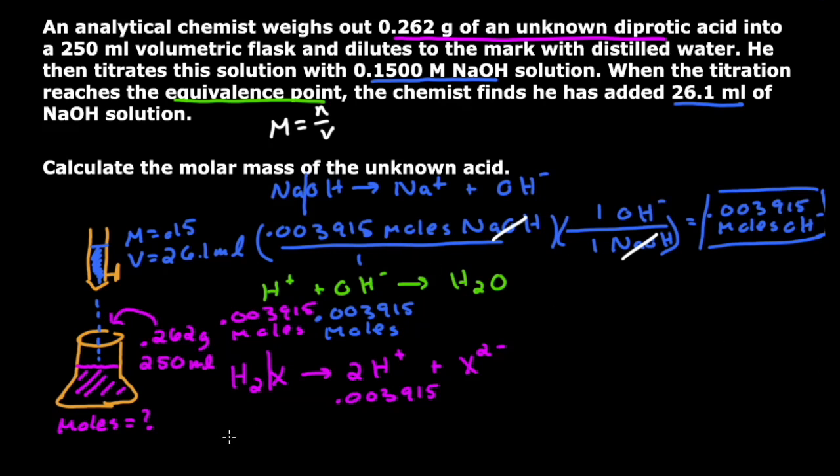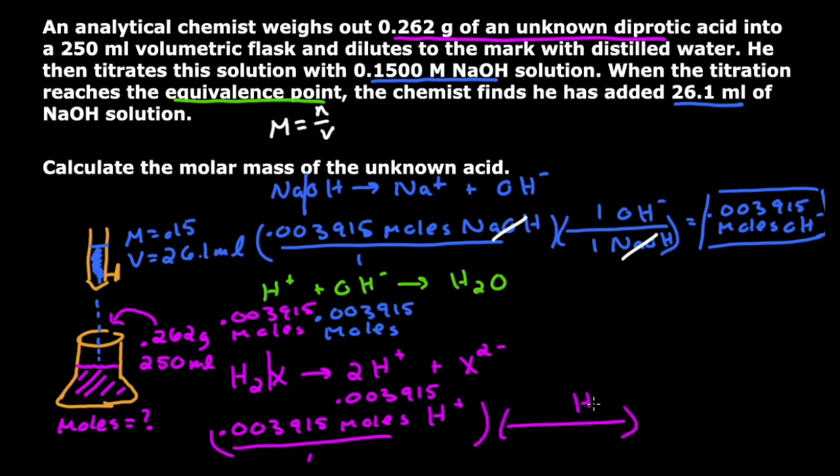I'm going to take this 0.003915, and that's moles of H plus, and I'll put that over 1 like this, and I'm going to go to the H2X, so that's going to go up top, and I'll put the H plus on the bottom, and then from the balanced chemical reaction there's a 2 right there, so let's put a 2 there, and there's a 1 right there, and so I'm going to put a 1 right there.